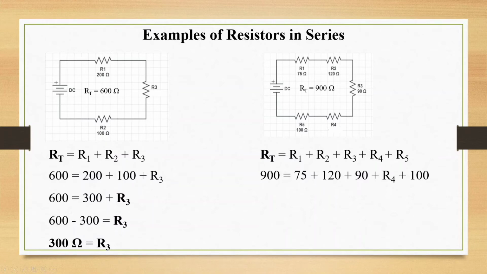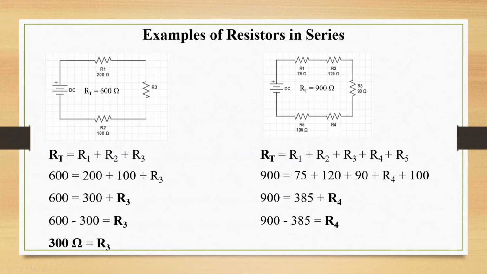Then perform the operation for 75 plus 120 plus 90 plus 100, and we will have 900 is equal to 385 plus R4. Then you move the 385 to the other side and it becomes negative.